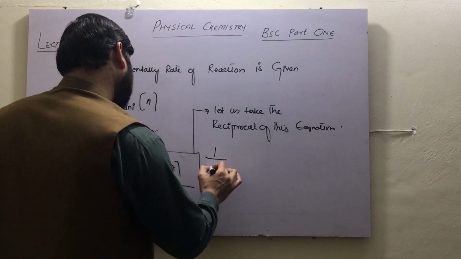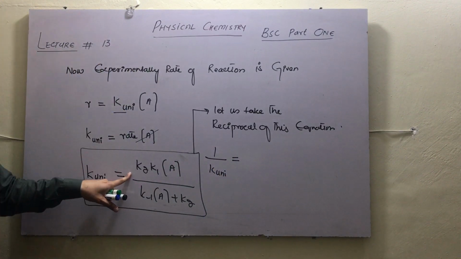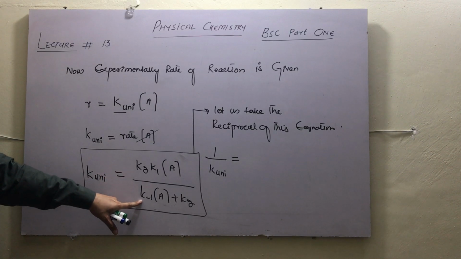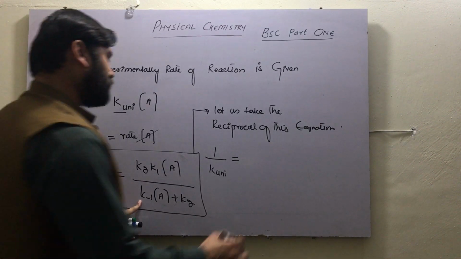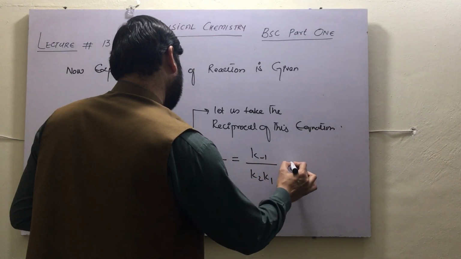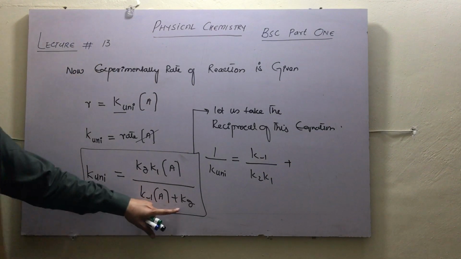This is the reciprocal. In terms of this, we will write K inverse over K1 K2, plus the reciprocal of the third term.